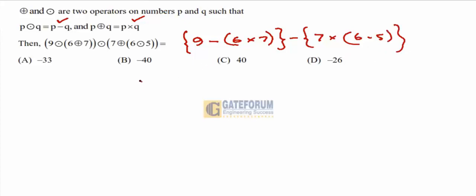So let us solve this. The first part would be 42. 9 minus 42 will be equal to minus 33. There is a minus sign. And 7 into 1 is 7. So this is equal to minus 40.